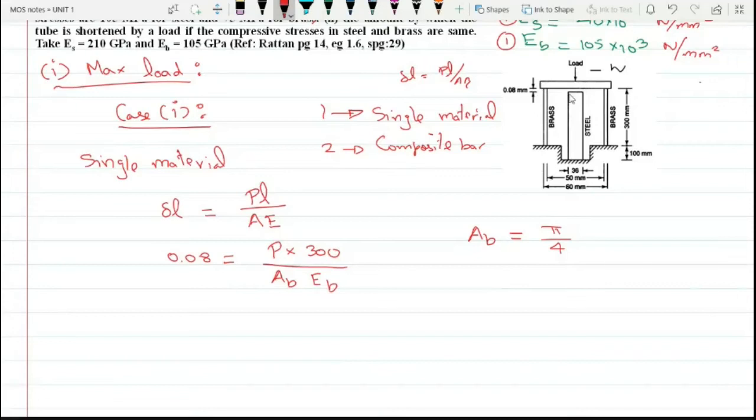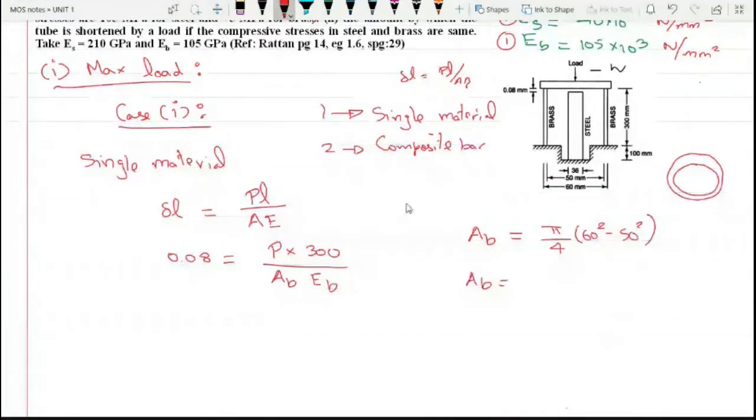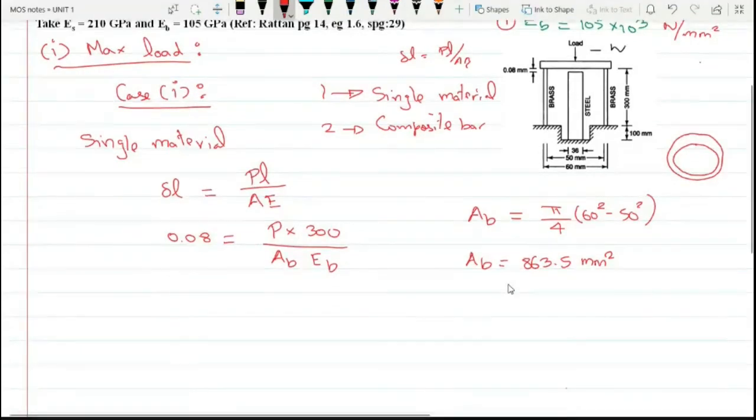It's a hollow circle, so you have two circles, something like this. The larger circle is 60 mm and the smaller circle, inner diameter, is 50 mm. So it is 60 square minus 50 square, 863.5. So we identified our area.